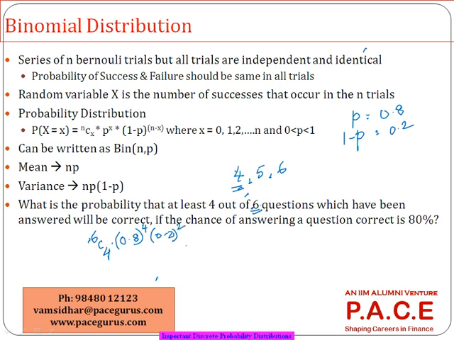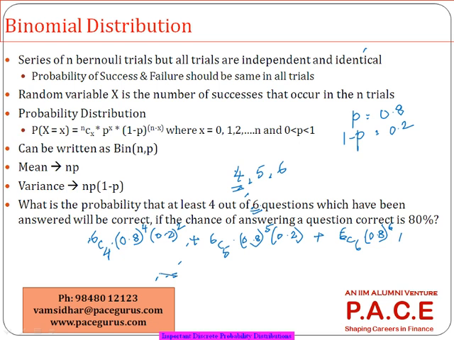This is 4 questions correct. 5 questions correct: 6C5, 0.8 to the power 5, 0.2 to the power 1. 6 questions correct: 6C6, 0.8 to the power 6 into 0.2 to the power 0, which is 1. Now you add up all these probabilities. That will be the probability that at least 4 of them will be correct, 4 or 5 or 6.